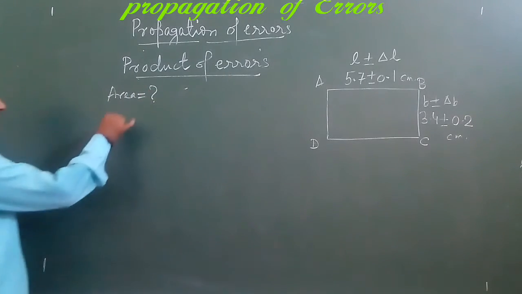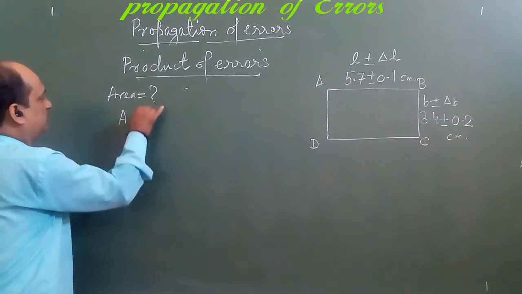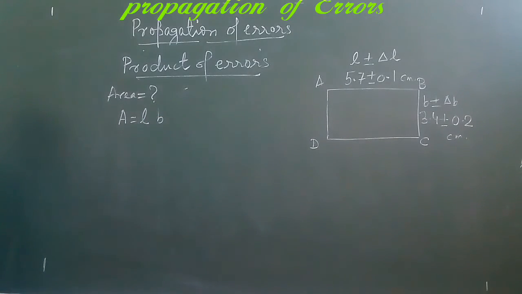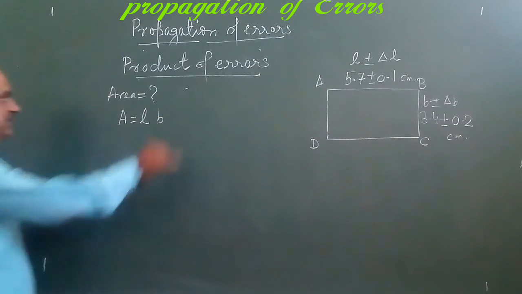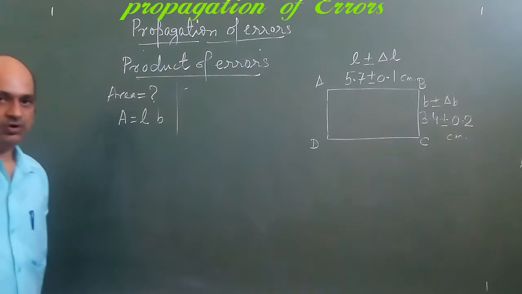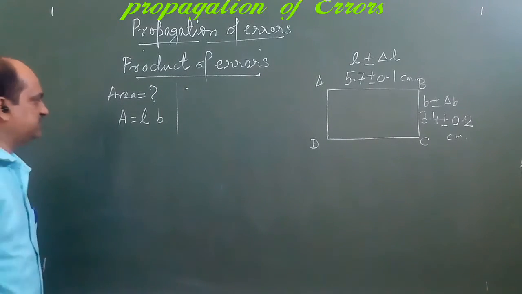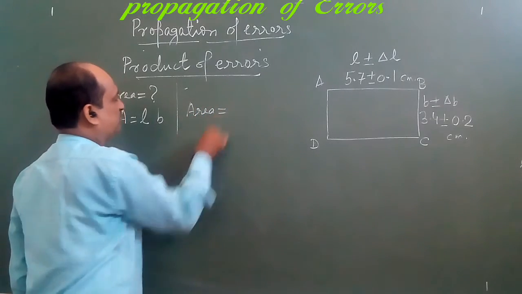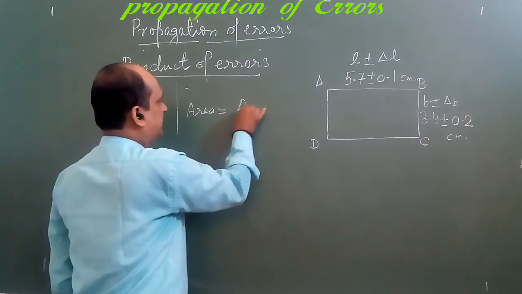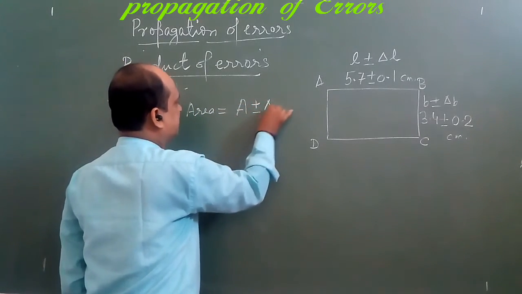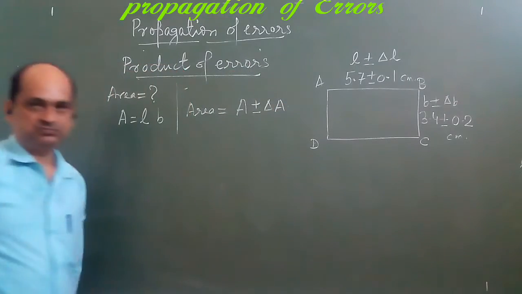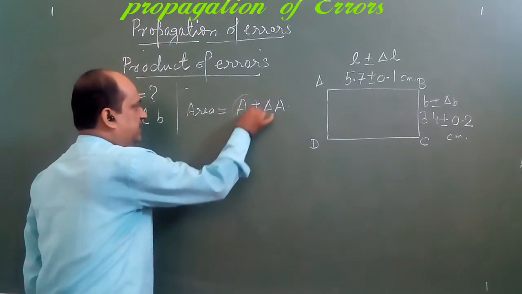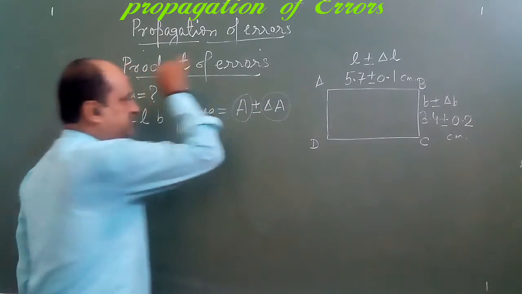And we know that area is equal to L multiplied by B. But when we have to write the area in terms of error limits, we write area is equal to A plus minus delta A. So we have to calculate two values here. First one is the area and second one is delta A.